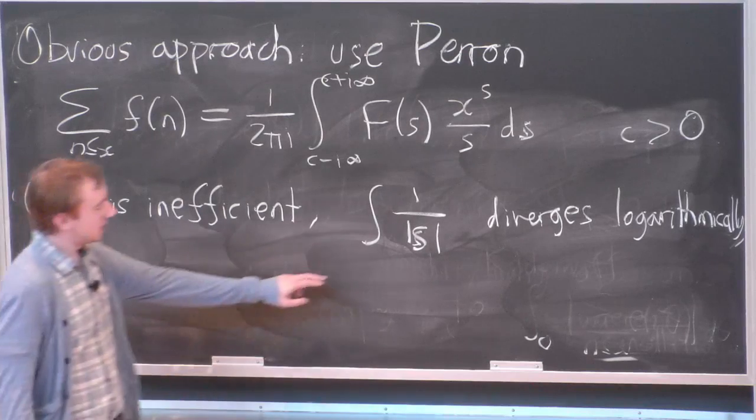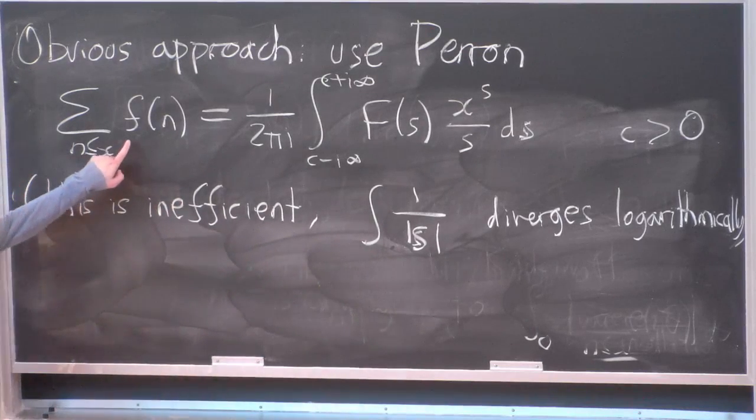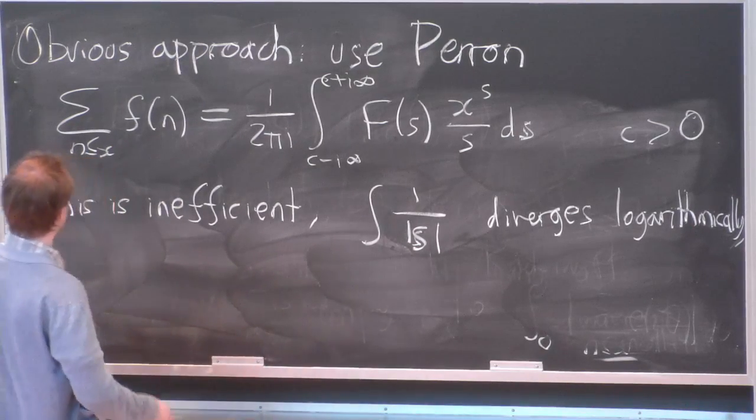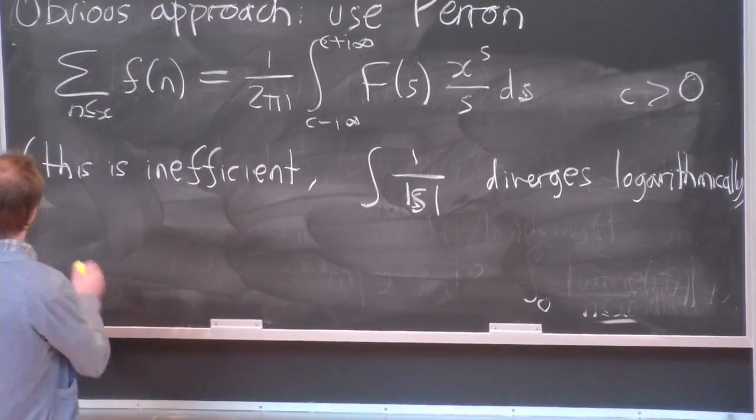Now you could fix this if you were happy with having a smoothly cut sum instead of a sharp cutoff here, which you might be. But then there's a much worse problem. So first of all, that diverges logarithmically.